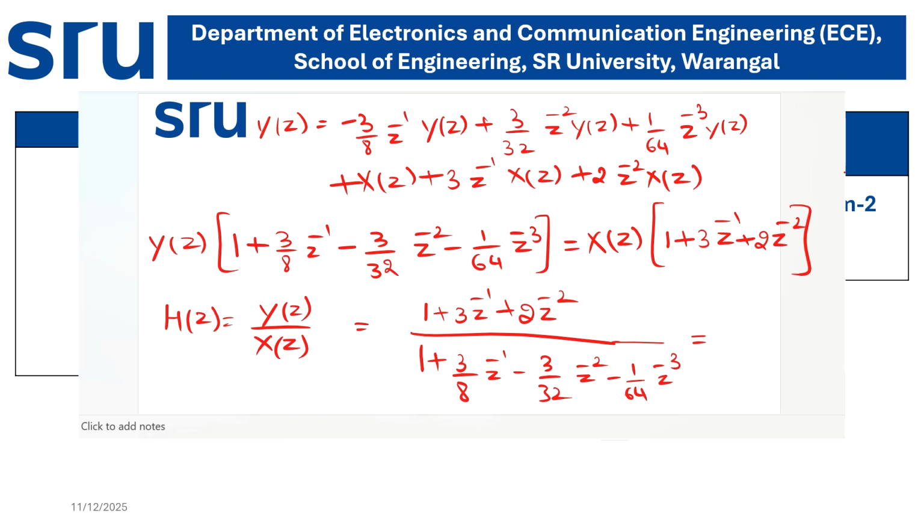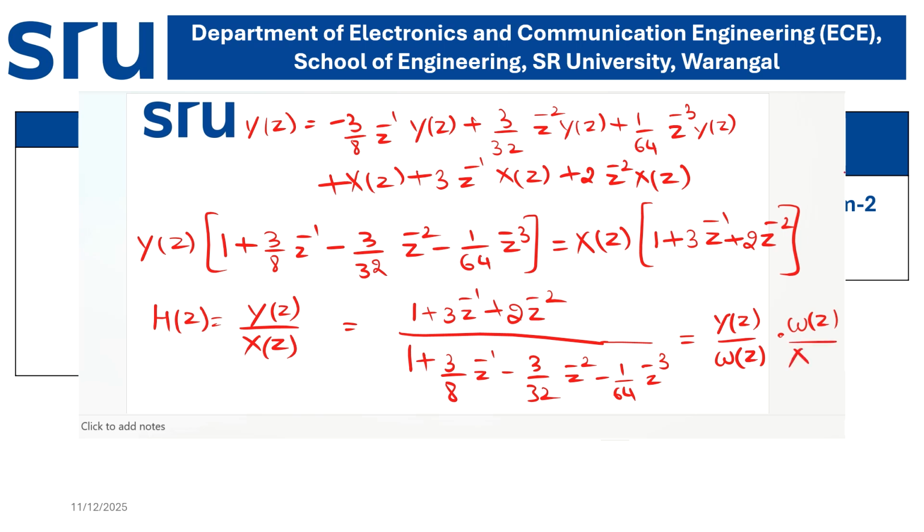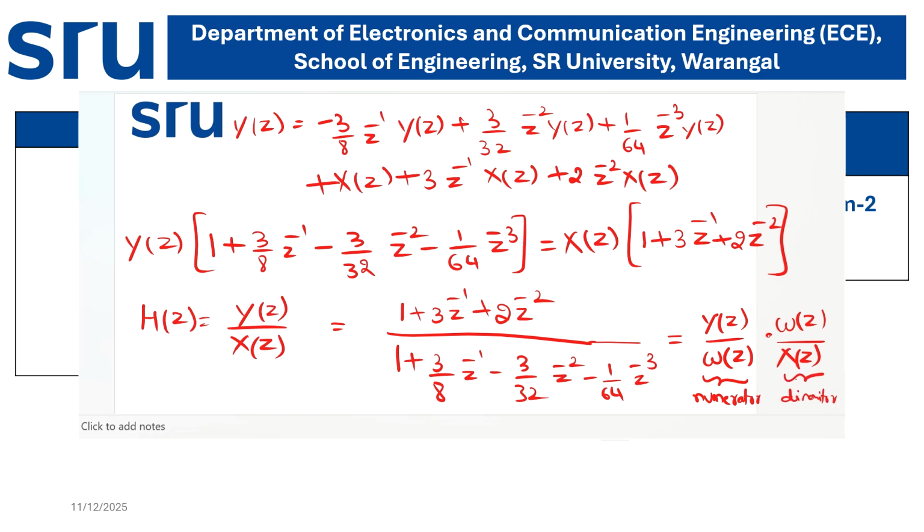Multiply and divide by w of z on the LHS: y of z by w of z into w of z by x of z. Remember, always equate this factor to the numerator and this factor to the denominator, so that you get the proper direct form 2 realization structure.